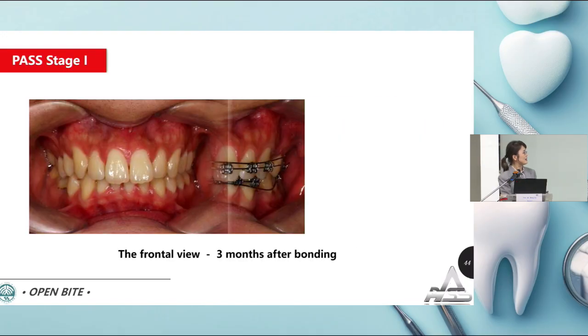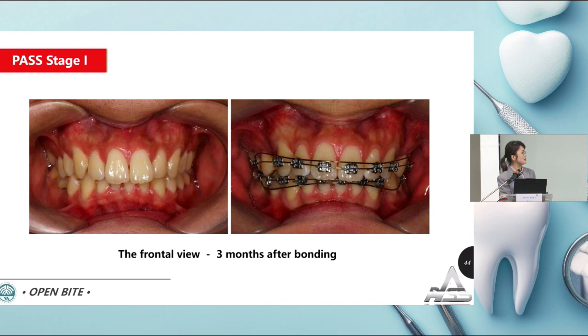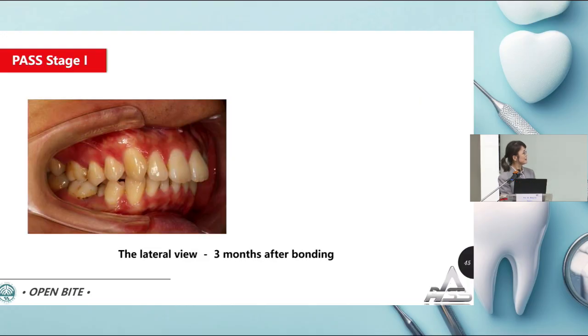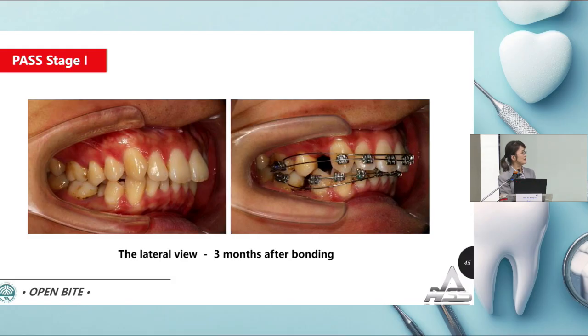We can see the case 3 months after bonding. We use 2 piggyback arches on the lower and the upper. You can see the picture. And the piggyback arch was tied on the laterals.